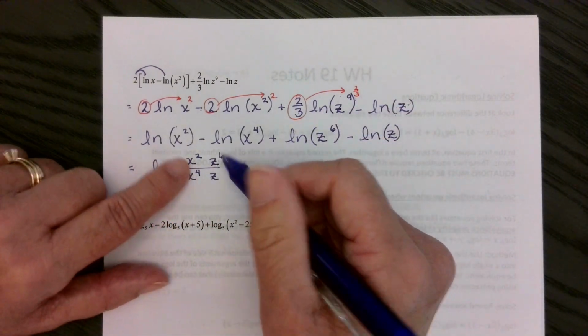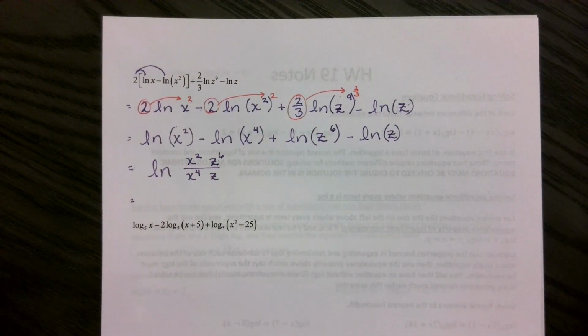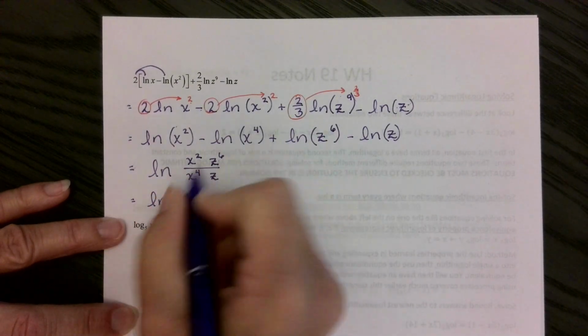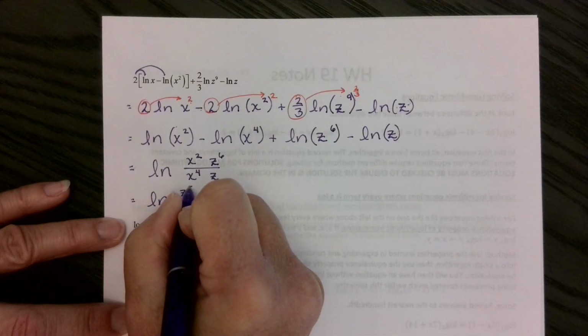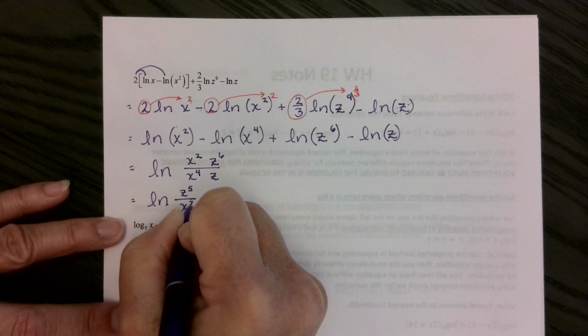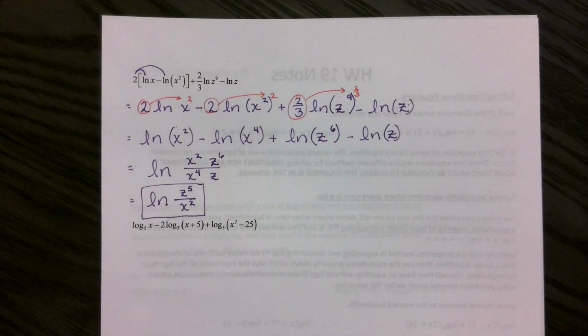And the only thing is we have to simplify this. And using our rules for exponents, it's going to be the natural log of z to the 5th over x squared. You're going to subtract your exponents. Make sure you don't have negatives. Take them to the bottom if they're on the top. Take them to the top if they're on the bottom.